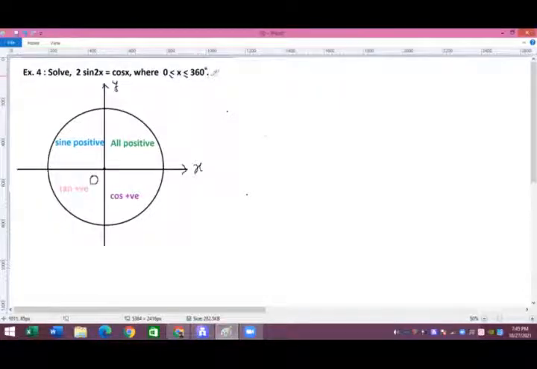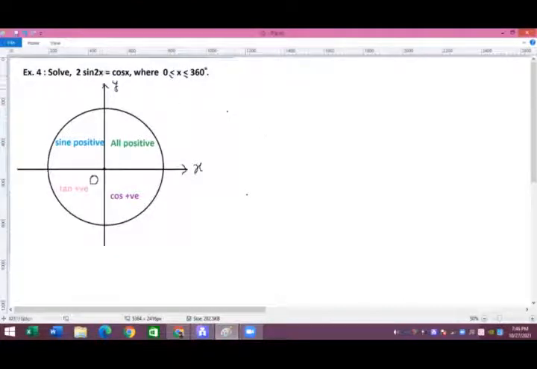Sometimes it is 0 to 360 degrees, and sometimes it will be negative 180 degrees to plus 180 degrees, or if it is given more than 360 degrees, then you have to advance again to the first quadrant throughout, and you can apply that sort of thing. Again, if you are in the first quadrant, then the same rule of CAST will apply here. So we'll not talk much about that at this time.